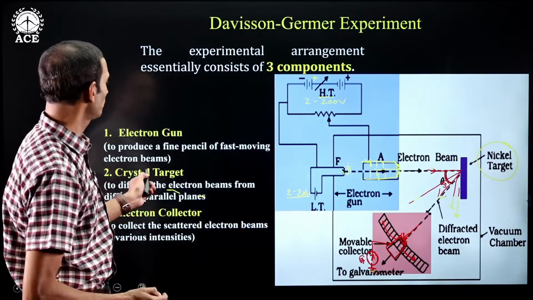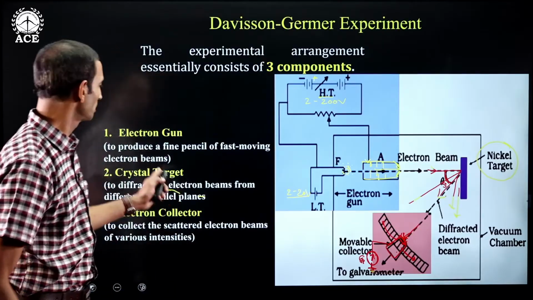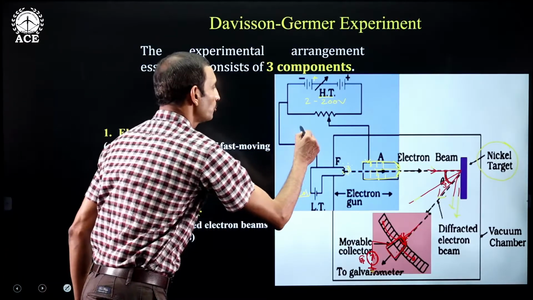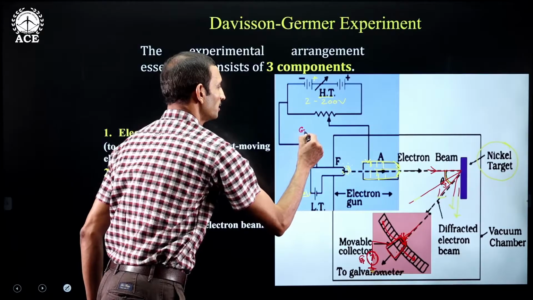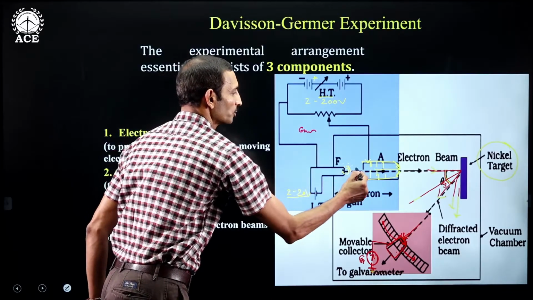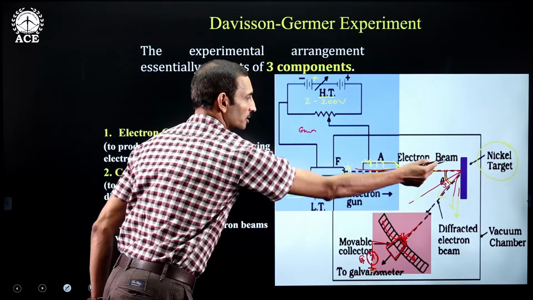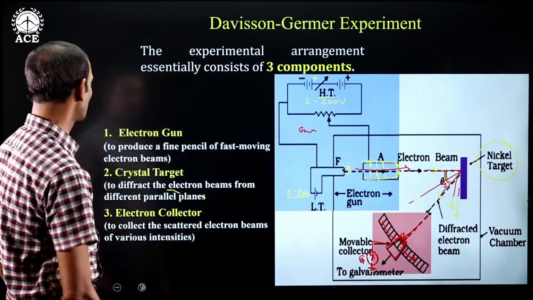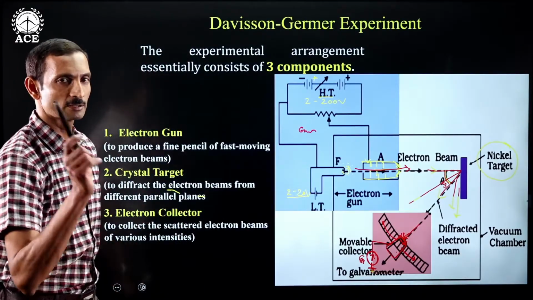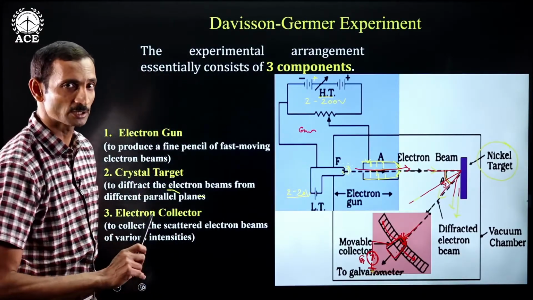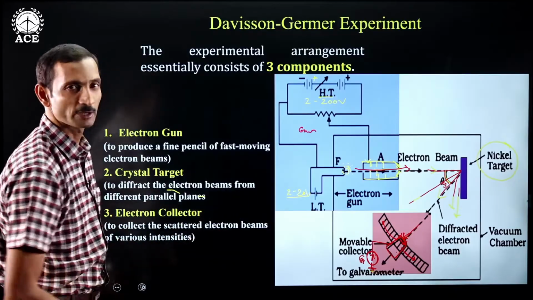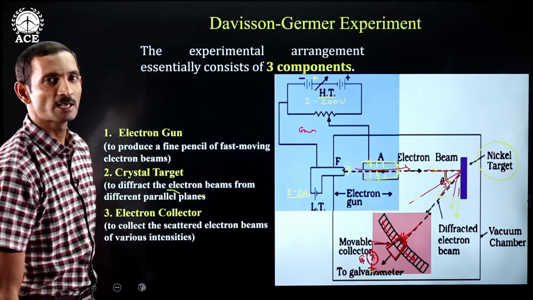Moving further, I'm going back again to discuss the three components. The electron gun is this blue portion. We know the electron gun produces a fast moving beam of electrons that falls on the metal target. The second is the crystal target, which diffracts the electron beams in different directions. The third is the electron collector.